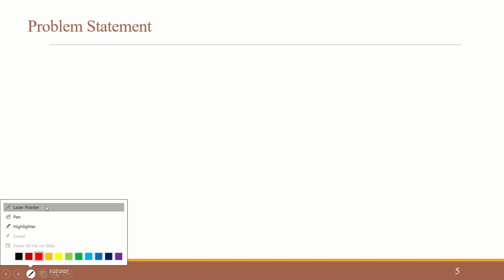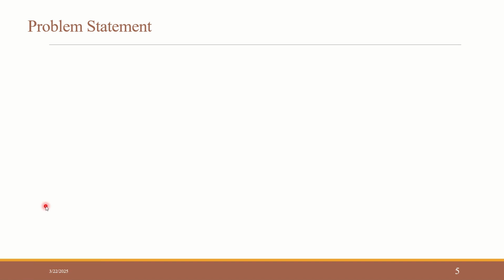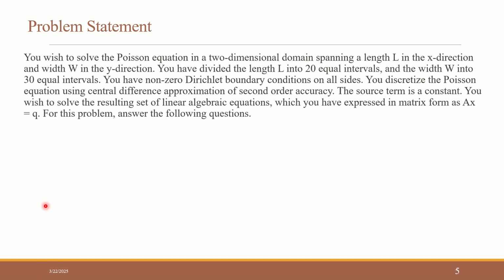So first we will read the question and later we will answer the questions. So first question, what is given? You wish to solve the Poisson equation in a two-dimensional domain spanning a length of L in the x direction and width W in the y direction. We have divided the length L into 20 equal intervals and the width W into 30 equal intervals.